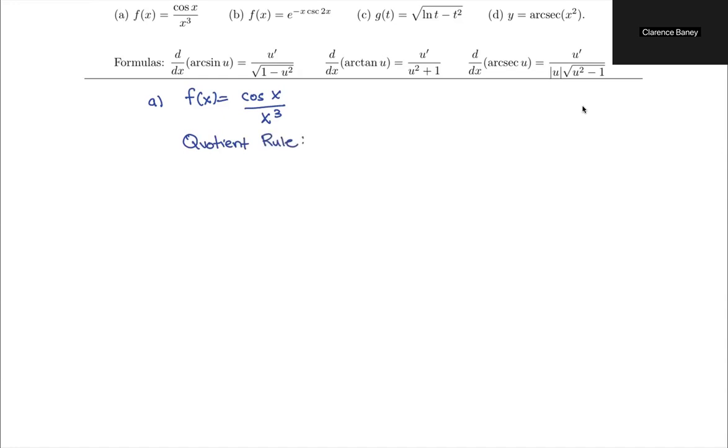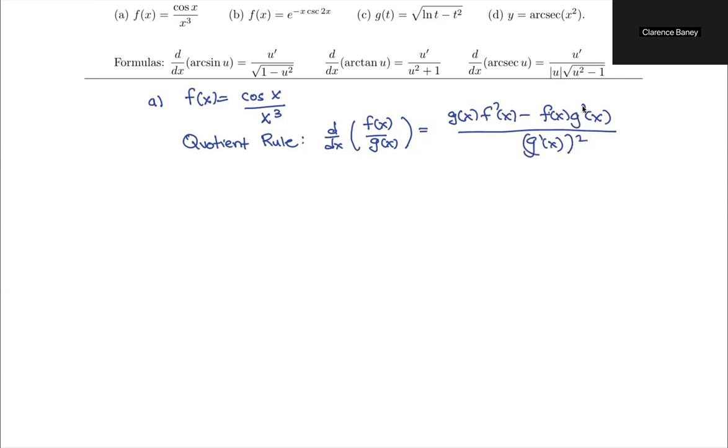So in which case, if you're taking the derivative of f of x all over g of x, you would do g of x times f prime of x minus f of x times g prime of x all over g prime of x squared.